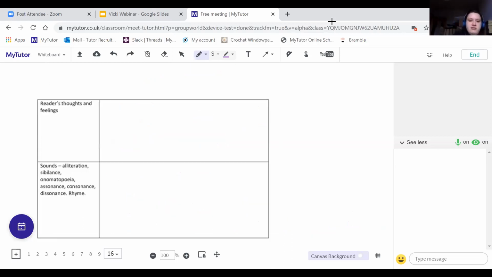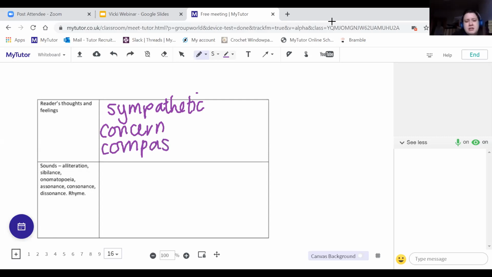So readers' thoughts and feelings, this one links in really nicely. Sympathetic, concern, compassion, they're very similar, I think, to the speaker's voice because it is written free and direct. So this is something that you wouldn't be told in the exam, but Dharker lived in India.